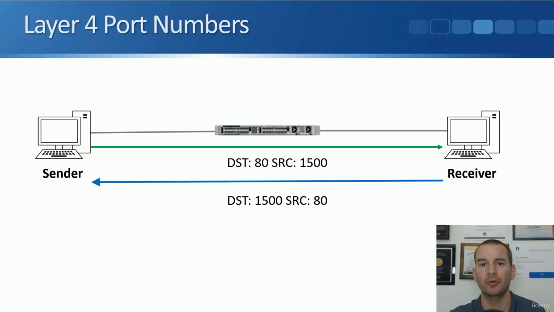This is how stateful firewalls are able to keep track of connections as well. Imagine that rather than a switch in the middle there, it was a firewall, and we had a rule in the firewall that said traffic is allowed out from the sender on the left, out to the network on the right, but traffic is not allowed from the right to the left unless it was initiated from the sender, if you manage to follow that.